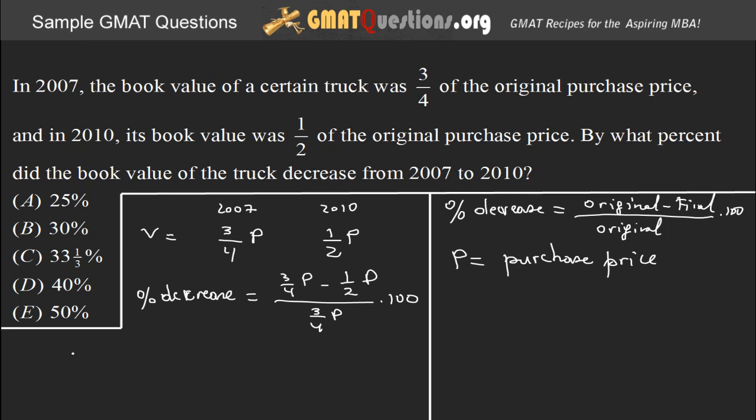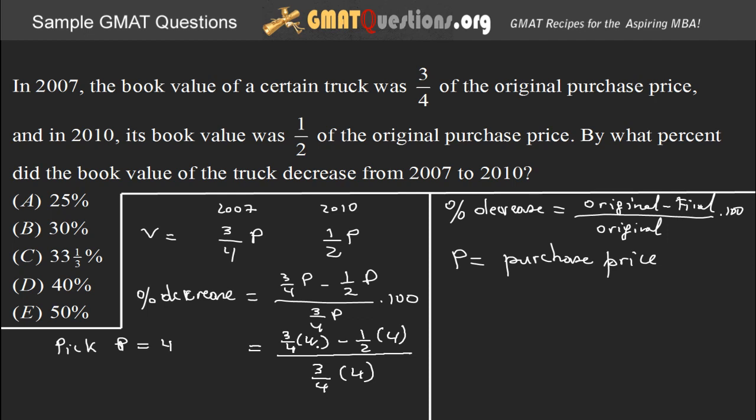So 4 would do. Let me erase this. Sorry. Okay. P equal 4. And then we have 3/4 of 4 minus 1/2 of 4 divided by 3/4 of 4.